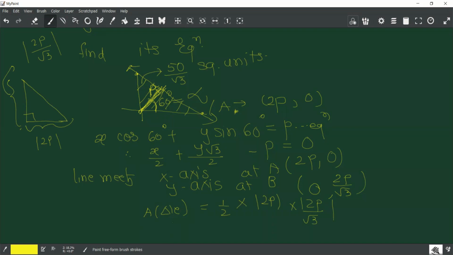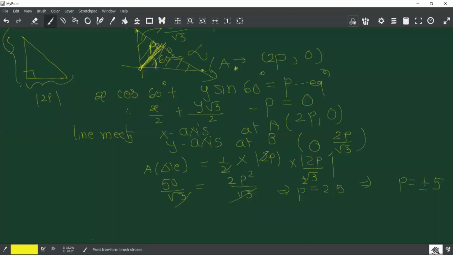So substitute area of triangle as 50 by root 3. So the 1 by 2 goes, root 3 also goes. That will give you p square as 25. That will give you p as plus or minus 5. Correct?